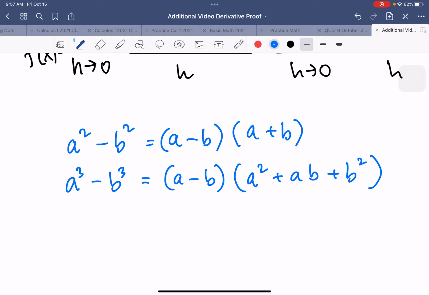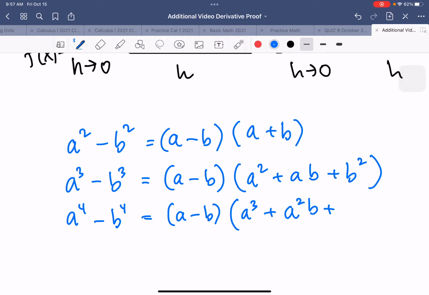Now let's try another one, let's say 4. Can we do this? We still can, I think. Let's start slowly. A cubed, this will be a squared b, right? And then a b squared, right?